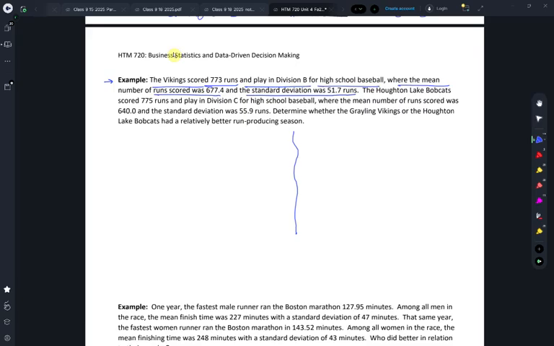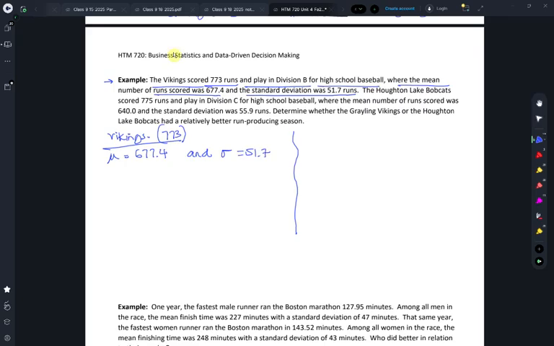So for the Vikings, they had 773 runs. That was their raw score. And the overall average is 677.4, and the standard deviation is 51.7.